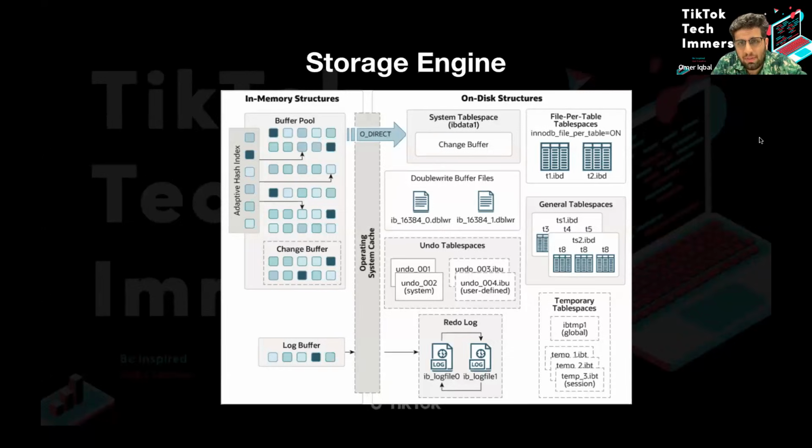That's one part of it. Another part will be the on-disk structures. The on-disk structures have a very different design, because on disk you cannot store pointers. You cannot have memory addresses, right? Because memory addresses only exist in virtual memory. They don't exist on disk. So when you design something to be stored on disk, the design will be quite different.